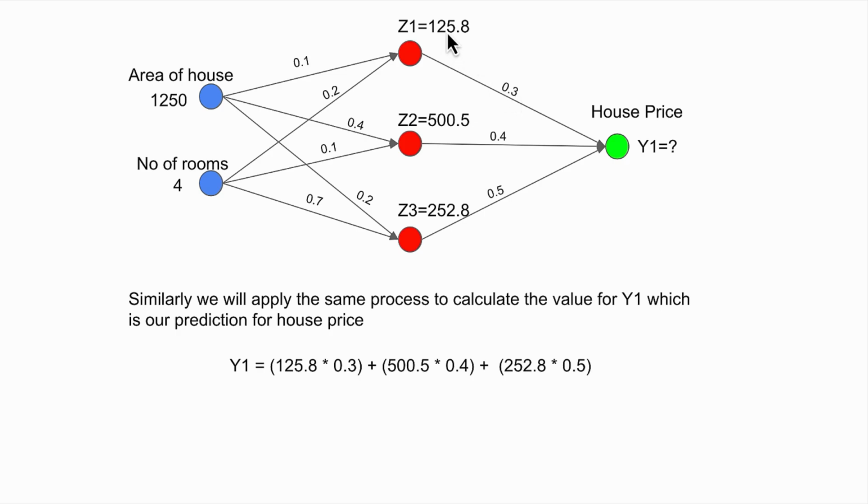Firstly, we multiply this 125.8 with 0.3, then we take the value of Z2 and multiply it with 0.4, and then Z3 with 0.5. After calculation we get the value for Y1. The value for this Y1 is 364, and this is actually the prediction for the house price.